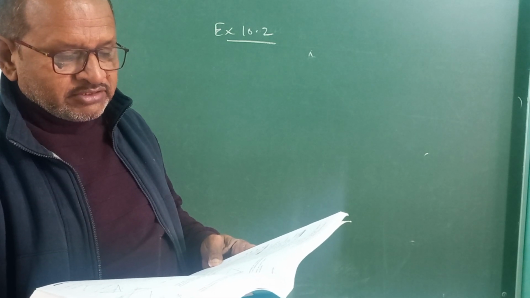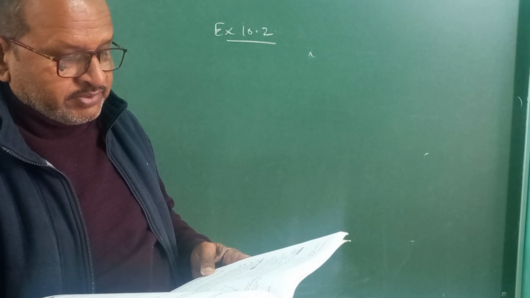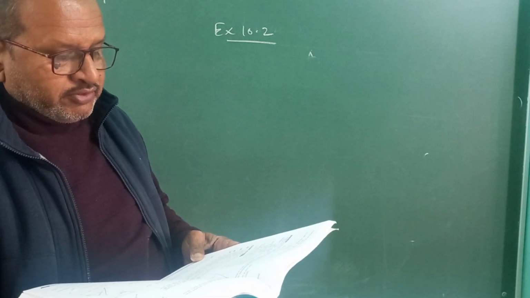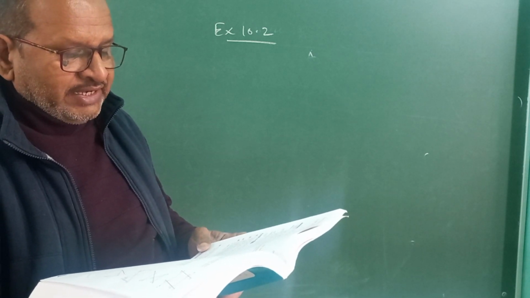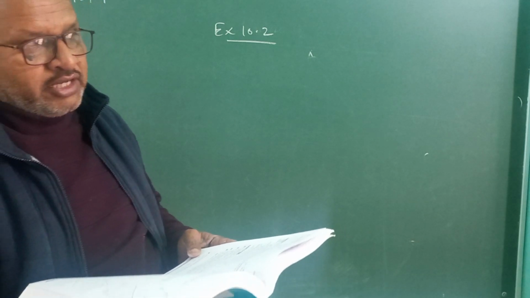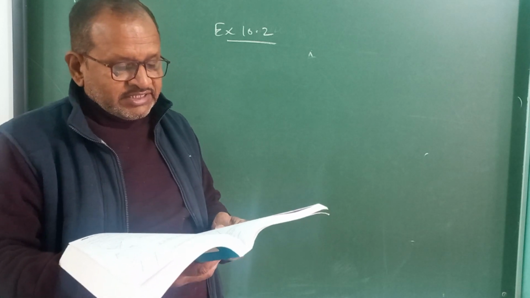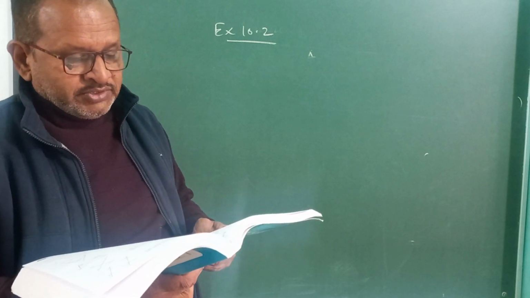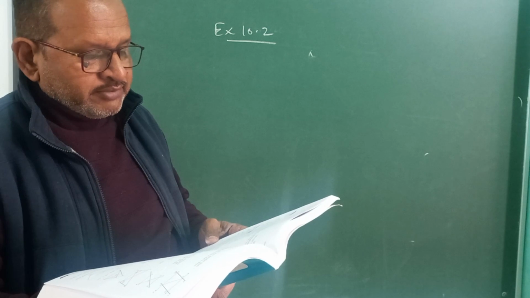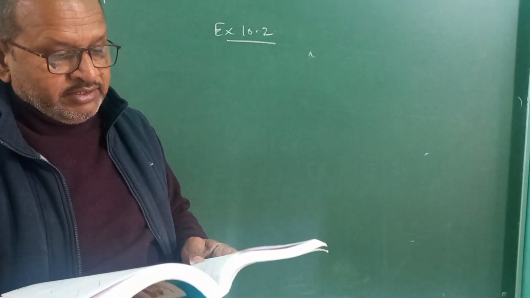Is the statement true? Why? We have to give reason also. So this statement is not true. Reason is that it must be two angles and the corresponding side of one triangle.